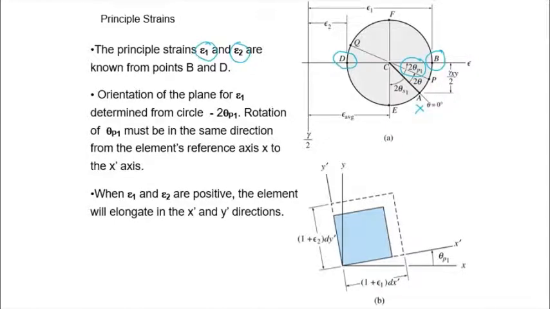So if we go 2 theta P1 counterclockwise on the circle, in the real world we have X as our reference. We go counterclockwise, but the angle is theta P1. And that goes to X prime. And so our strain element will be on that axis, where here is Y prime.